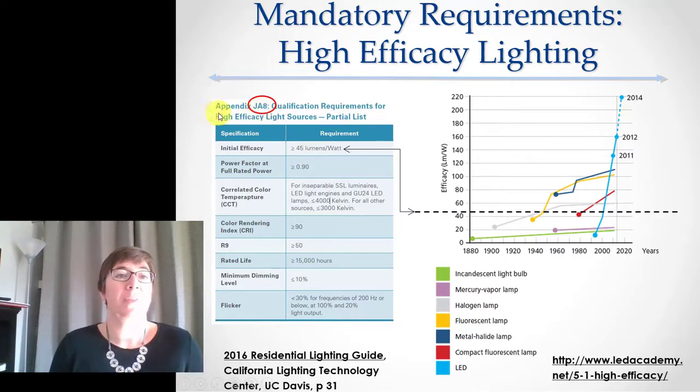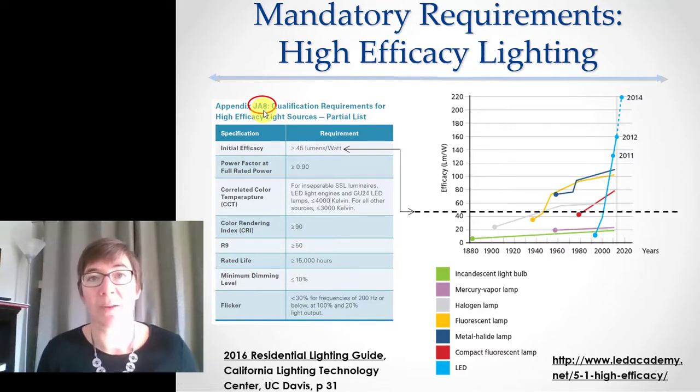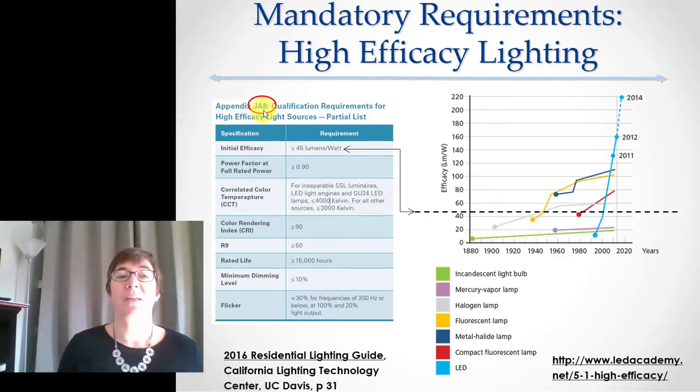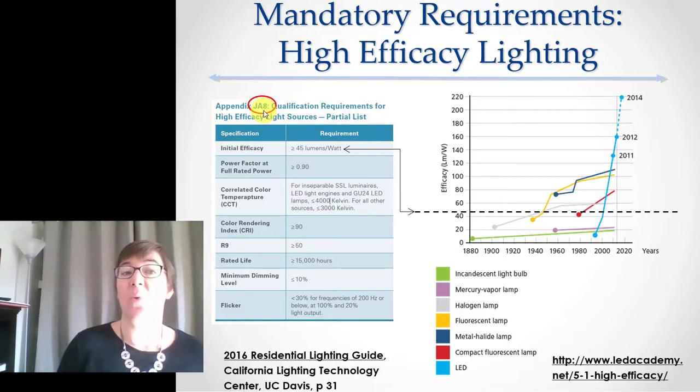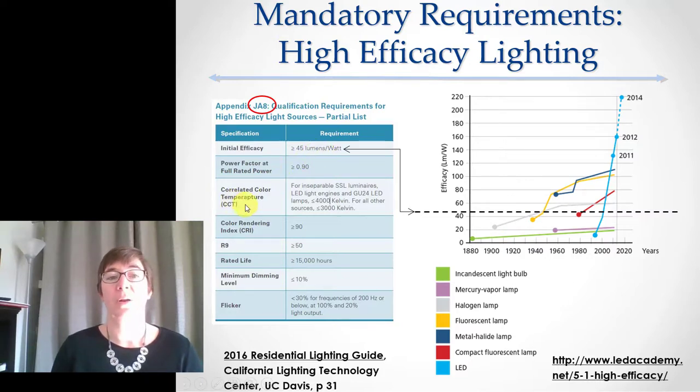That's labeled for the specific appendix to the code that this requirement is in. So your lights have to be JA8 qualified. And that mostly means that they hit that initial efficacy of greater than or equal to 45 lumens per watt. All right. There's also requirements for color temperature and color rendering index, dimming level, flicker, etc.